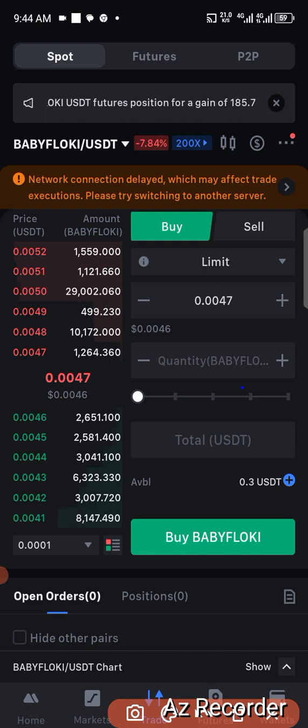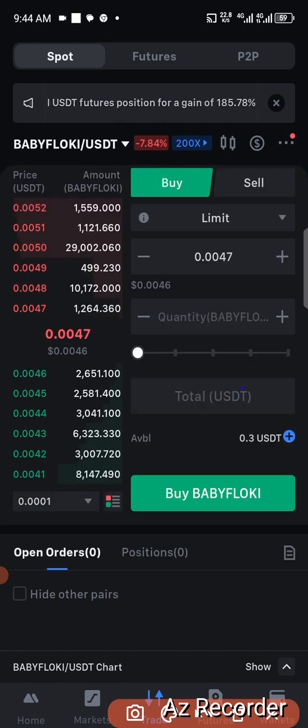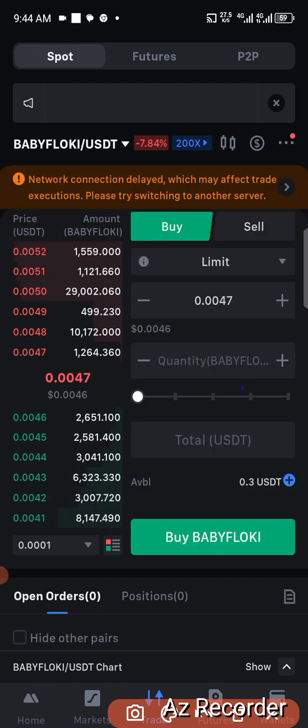So the difference with the limit price is that you cannot buy instantly at the instant price of that particular asset. But the good thing about limit is that when you use limits to execute a trade, the market is not going to charge you anything.